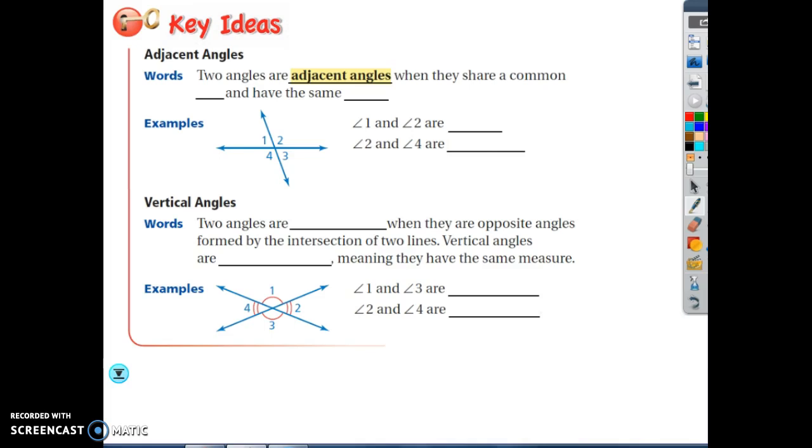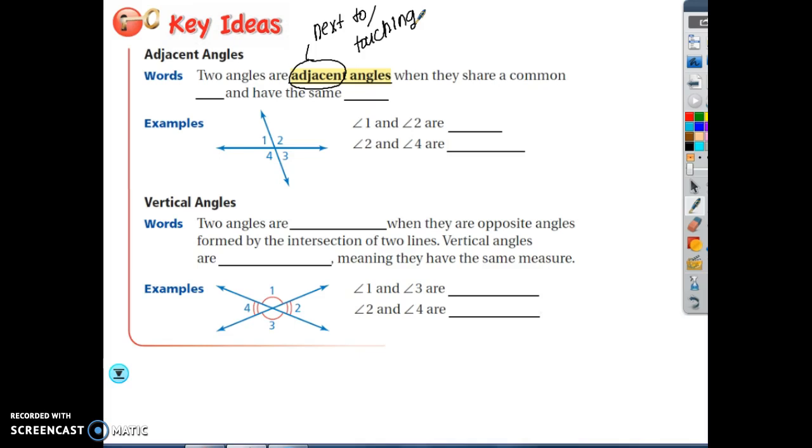Now we're going to be going into a little bit more of an advanced idea regarding angles. Our first definition is this idea of adjacent angles. This word adjacent means either next to or touching. So if we're looking at adjacent angles, that means they are angles that are either next to each other or even touching each other.